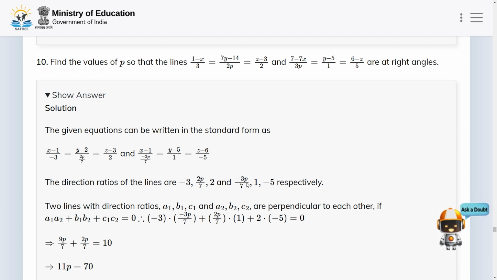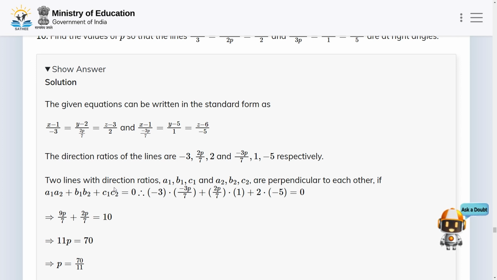Now whenever you have two lines and their respective direction ratios, just multiply the corresponding component to the corresponding component of the other line and add them. If you are getting your answer as 0, then this means they are perpendicular.